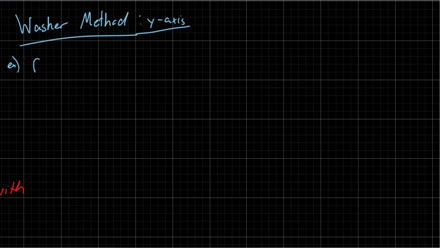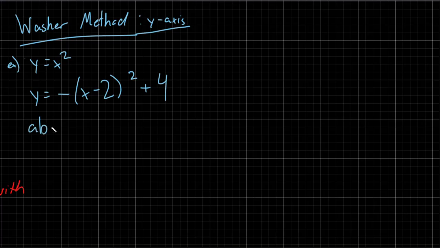I'm not even gonna put f of x. I'm gonna do y equals x squared, and y equals negative (x minus 2) squared plus 4. It's a nice function. Okay, about the y-axis. So, I'm going to start.